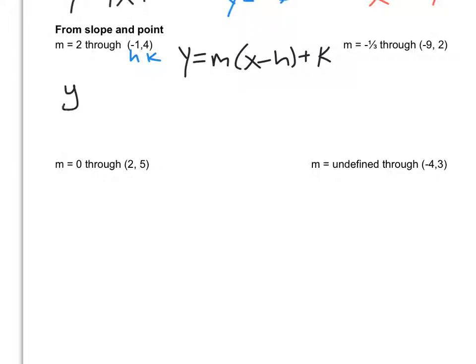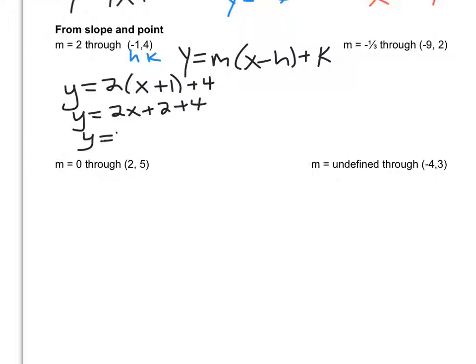So y equals, my m is 2. (x, the minus in the formula means opposite, so the opposite of -1 is +1. And keep k, so plus 4. And we're going to distribute the 2, so 2x plus 2, and add the 4, which gives us y equals 2x plus 6.